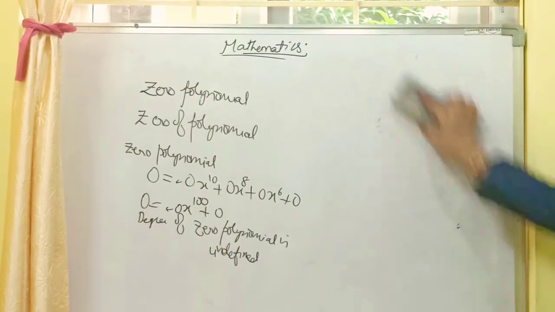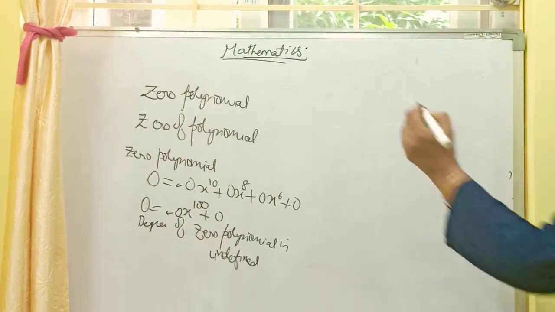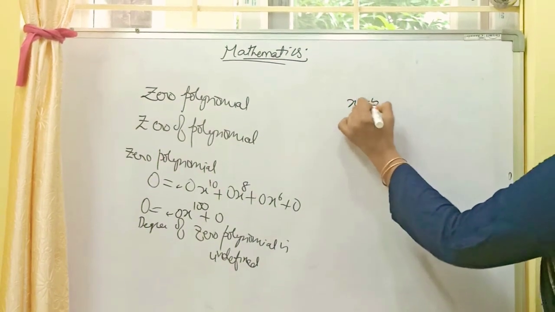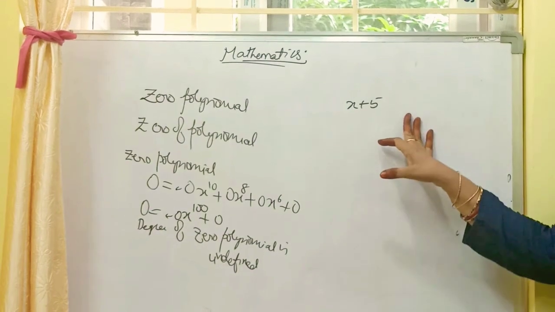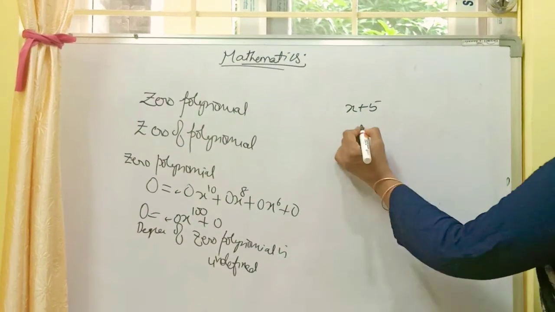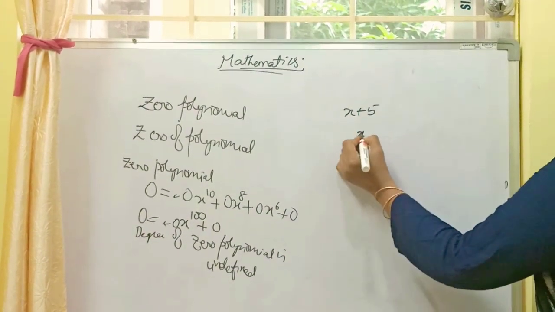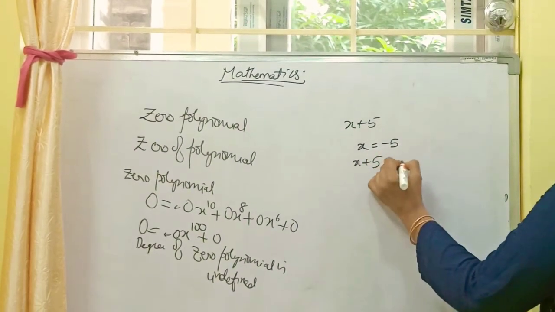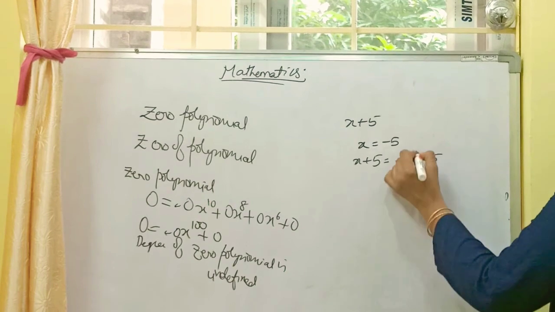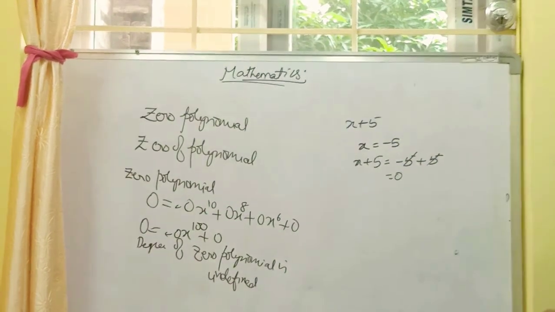Let us go to the next thing, zero of the polynomial, which you might have done in your 8th class. For example, x plus 5. By the trial and error method, you might have got the solution for this one. So what is the zero of the polynomial? When x is equal to minus 5, x plus 5 will be equal to minus 5 plus 5, equal to 0. We got 0.